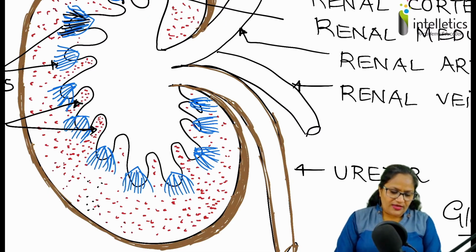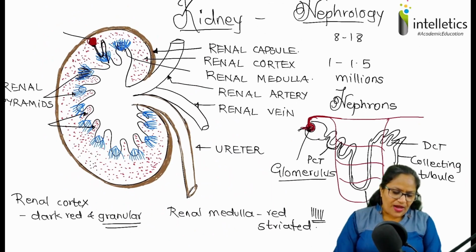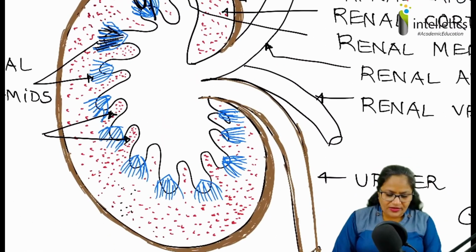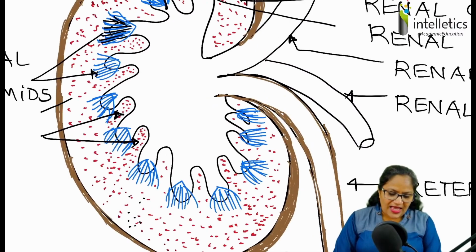So what do you see? This area that separates the pyramids from each other is nothing but that part of the renal cortex which has entered the renal medulla and separated the pyramids from each other, right?